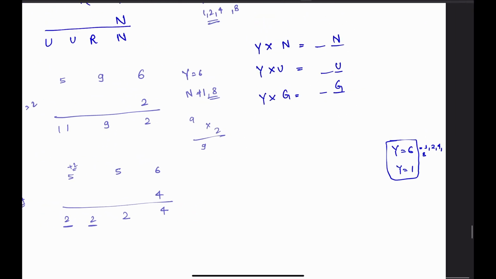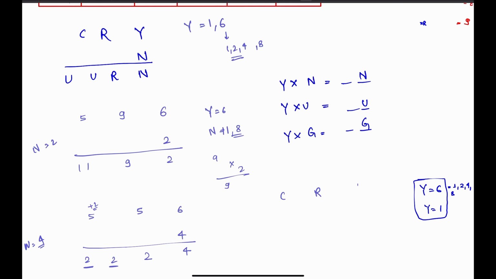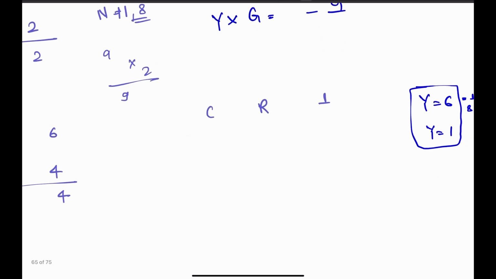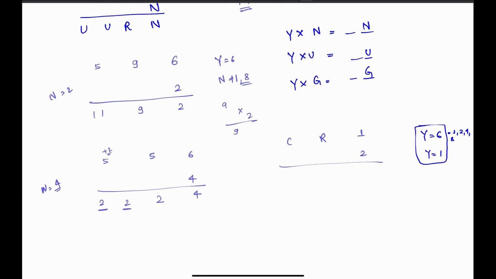So if y equal to 1, C R 1, so anything could be possible, anything could be there except 1 here. If I add 2, so n will be here to 2 only. Here R, here U, right?